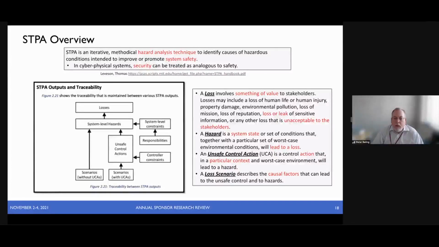A more fruitful way of looking at a loss is not a collection of random variables coming together, unfortunately, but rather something that can be modeled in terms of hierarchical control. Before we got to a loss, we were in a hazardous state of some kind, and then there was a transition from that state to the loss state, and influencing that transition is the environment, but also things like unsafe control actions.